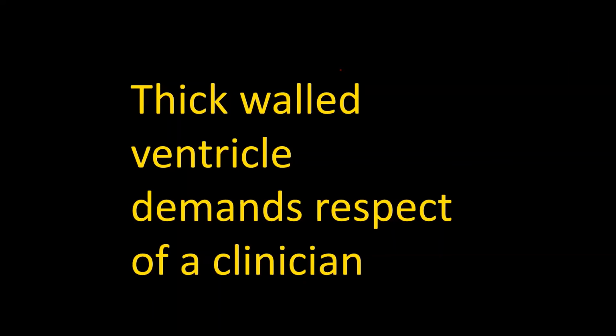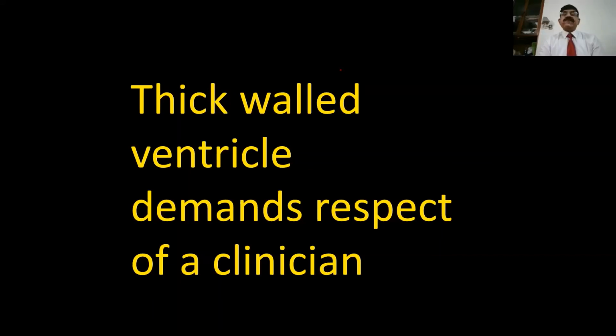Perfect. So there is a request: can you please explain paradoxical strain again? Because of myofiber disarray, wherever myofiber disarray is maximum, that is a place which behaves paradoxically compared to other segments.